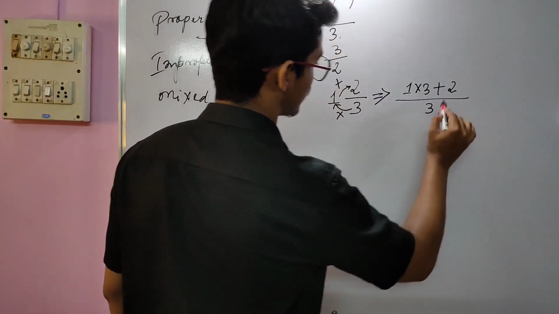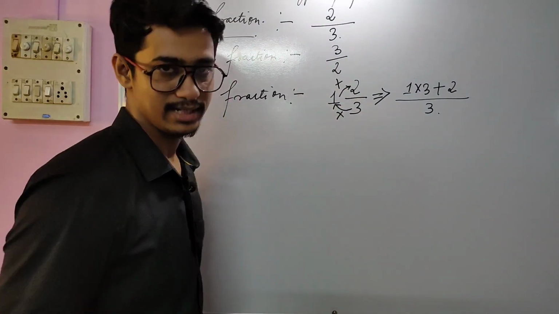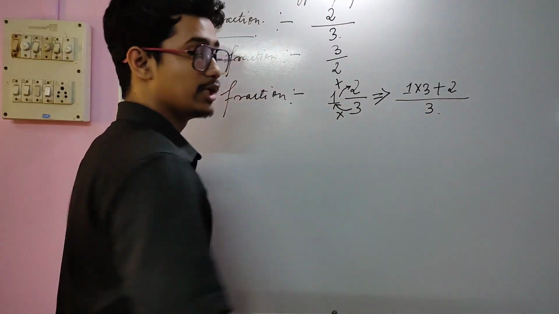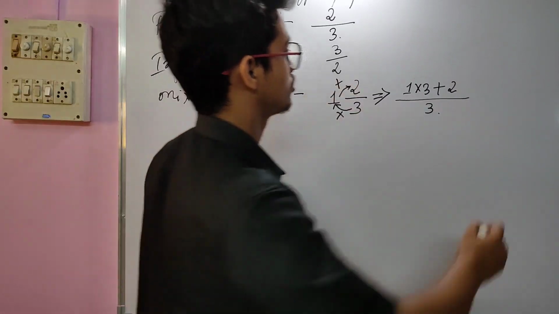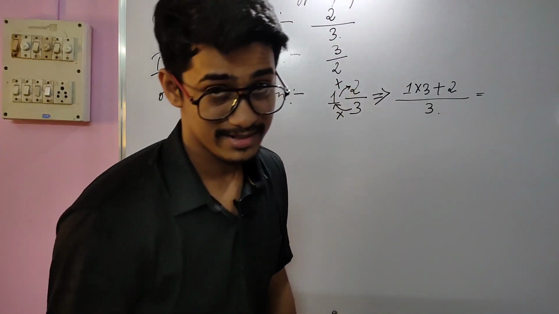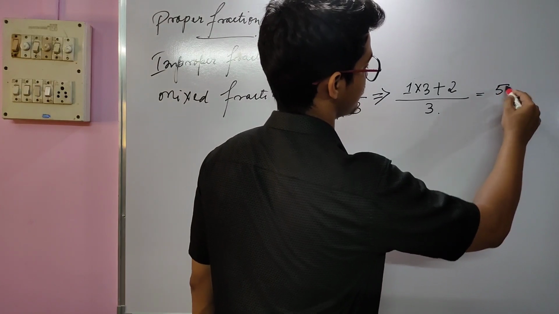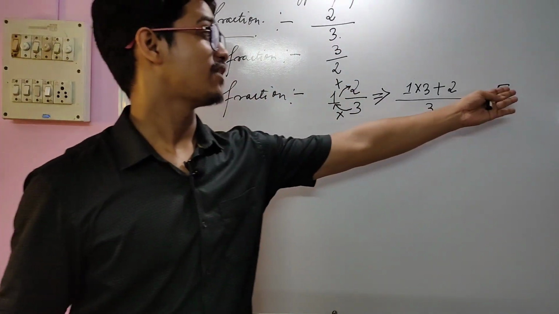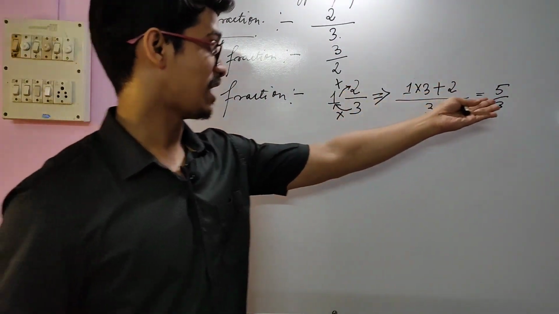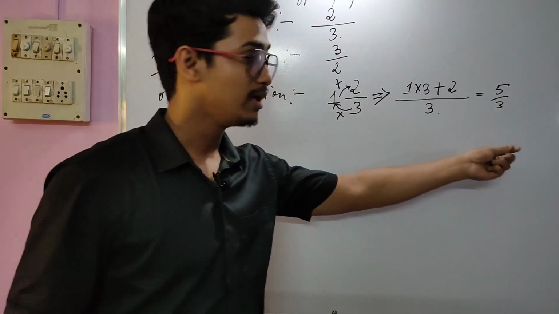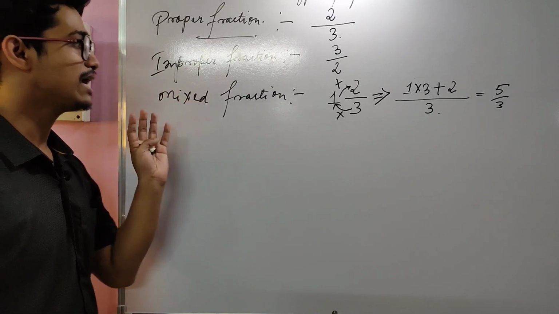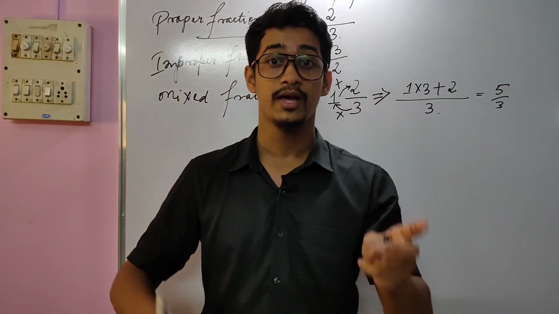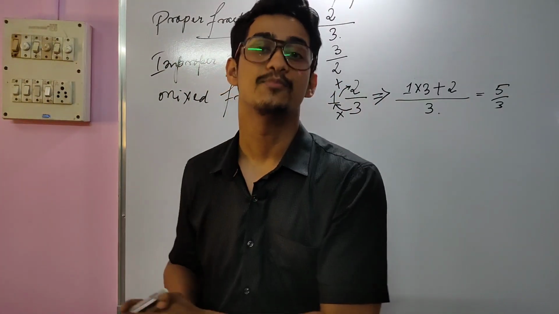And the denominator is 3 over here. So the denominator must be the same, and what you have to do is 3 into 1 plus 2. So what is the result? That is 5 by 3. So 5 is the greater one among 5 and 3. So that is actually improper fraction. So we have learnt how to convert mixed fraction into improper fraction.